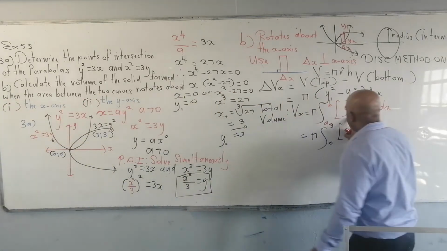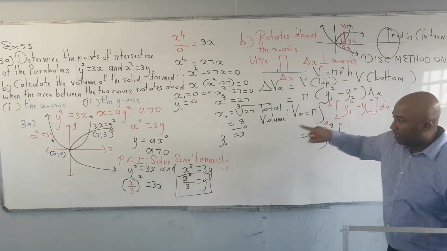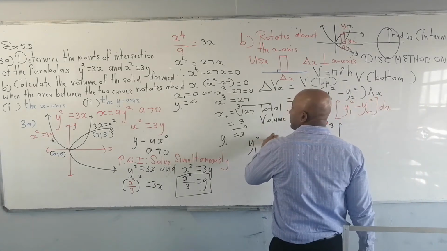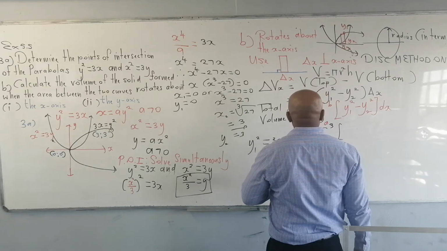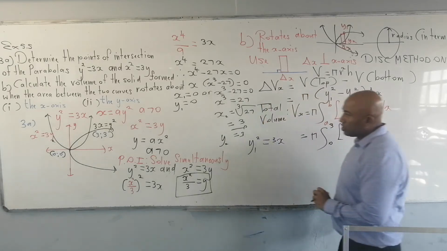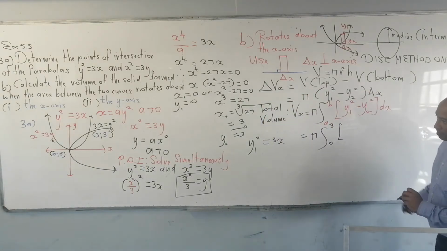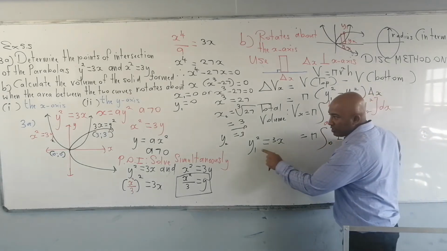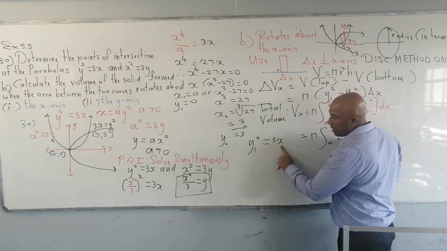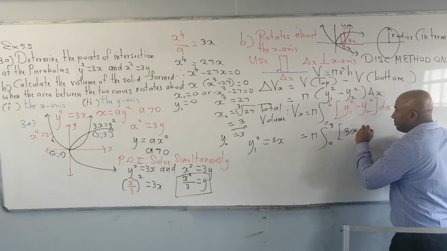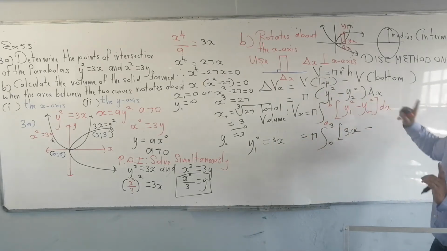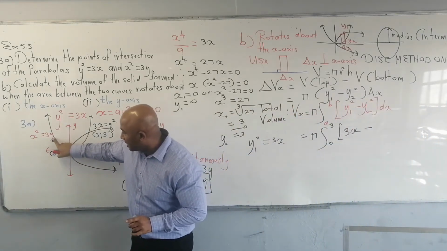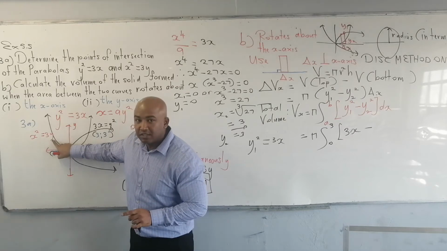Now, y1 squared is equal to 3x. So, therefore, we do not need to go and square. It's already squared. Can you see that y1 squared is equal to 3x? So, there's my 3x minus y2. What is y2? y2 is the equation of this parabola, but it's not squared.